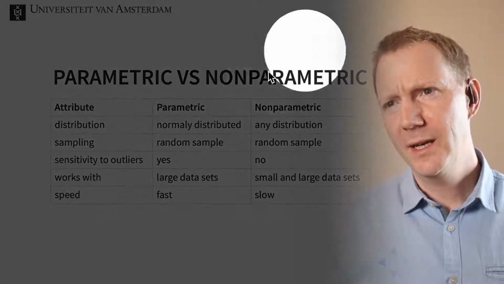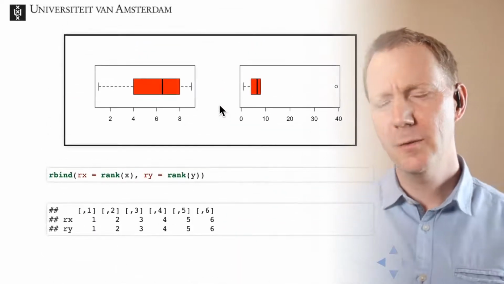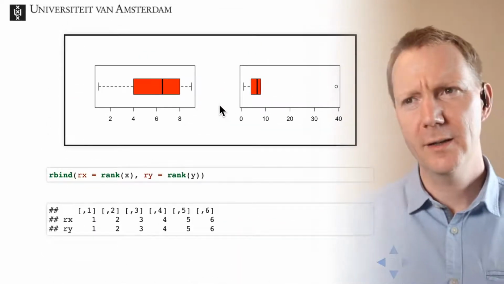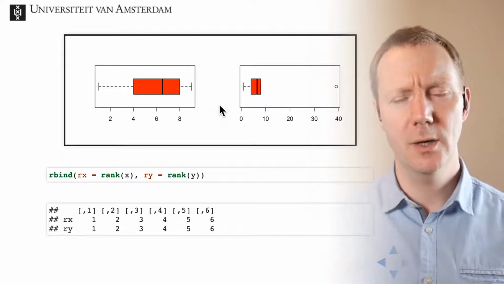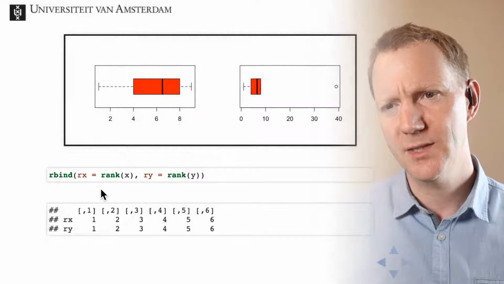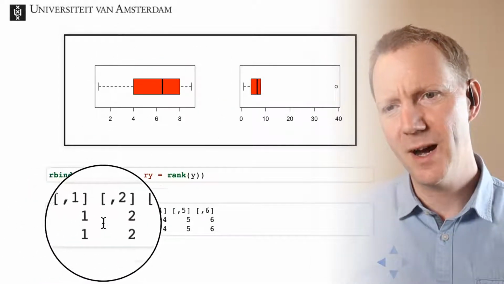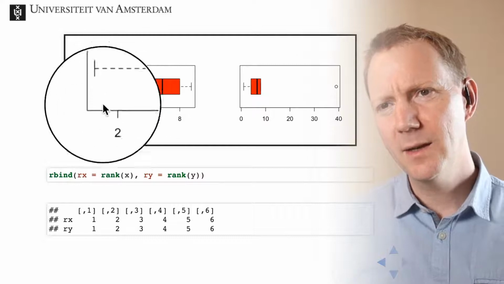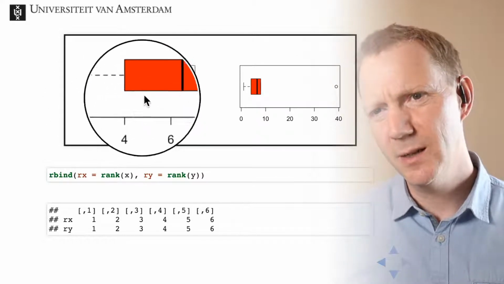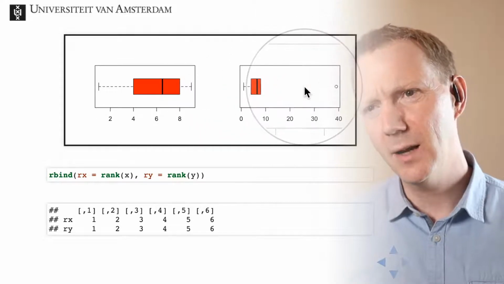Okay. Let's see again. We're here. So, for example, what we have here is two vectors that I've shown here. I can enlarge it. I think vector x and vector y, and this one has actually no outliers, but this one has an outlier.